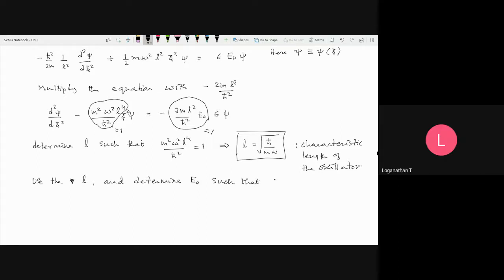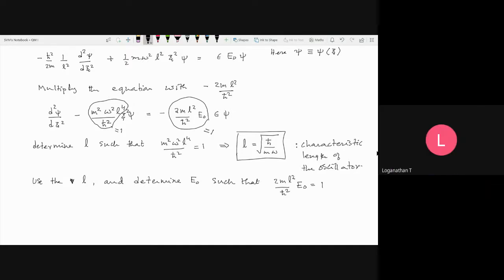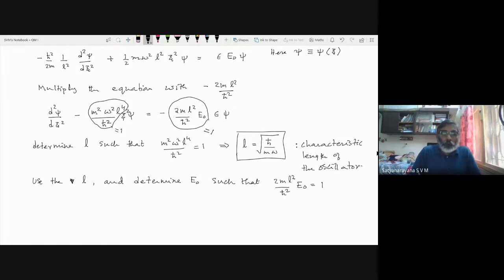So, 2m by h bar squared into L squared, which is h bar divided by m omega, into E naught is equal to 1.